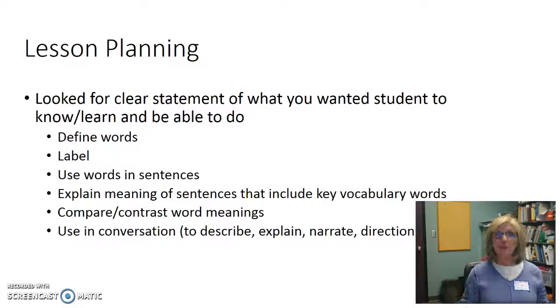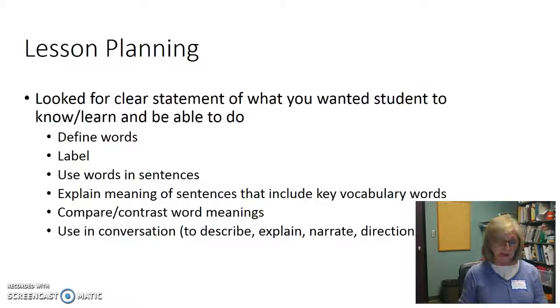But defining the word, you might have them draw. I think there were some examples where people had students draw a picture, but they had to do something to show you that they knew what the word meant. That should be your lesson objective then. Now, you may do lots of other instructional activities to get there, but that's the final performance that you want.